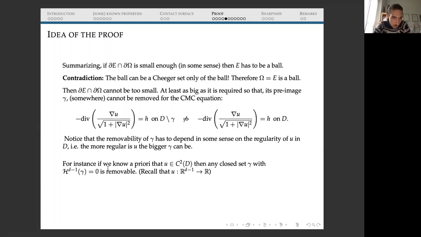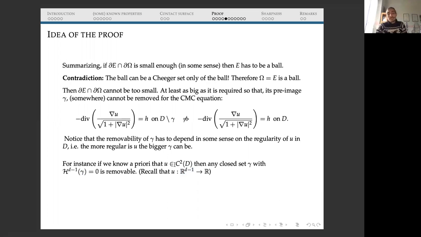Okay, this dimensional observation is important because we are looking here at graphs. So our function goes from R^(d-1) into R. So H^(d-1) of gamma equals 0 means that gamma has 0 Lebesgue measure in its own ambient space. Okay, so it can be quite big, but U has to be quite regular.